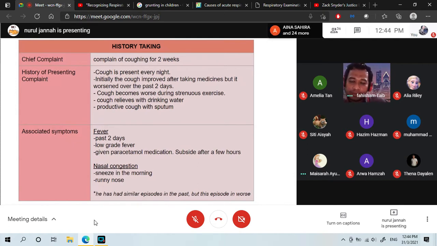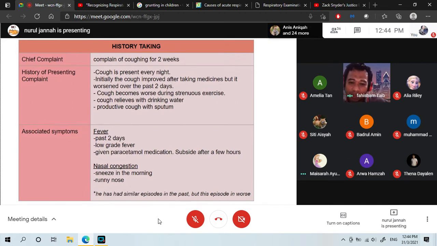Okay. Anything else? So one is those chronic, recurrent. Number 2, what are the other features? Wheezing? Anything can be wheezing. Triggering factor. So what are the triggering factors? Strenuous exercise, I think that is very important.